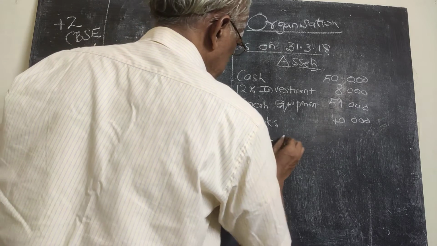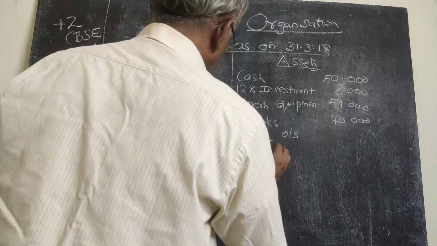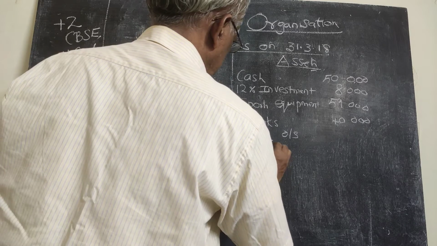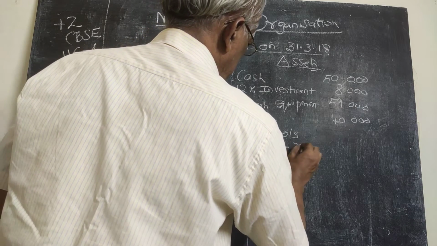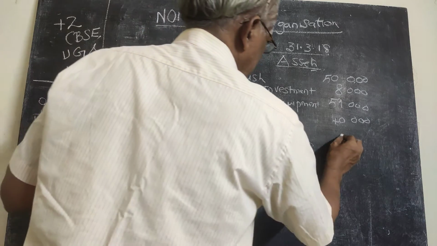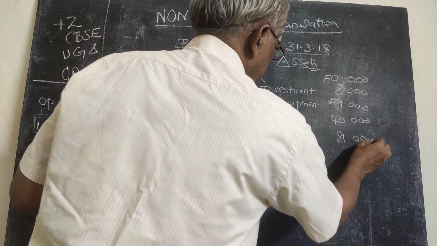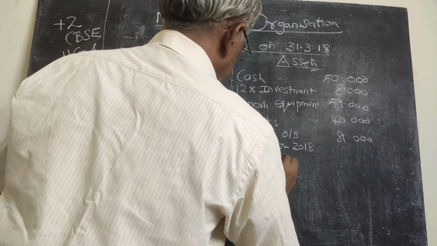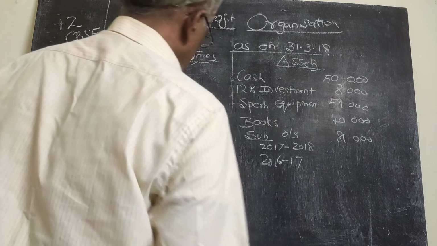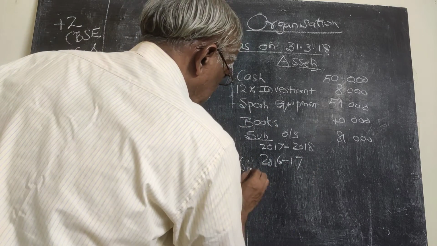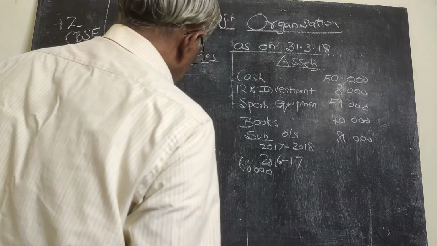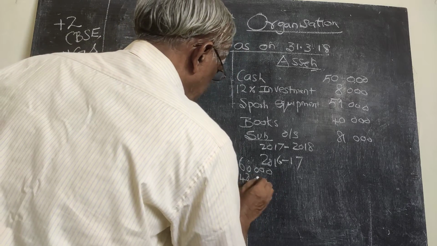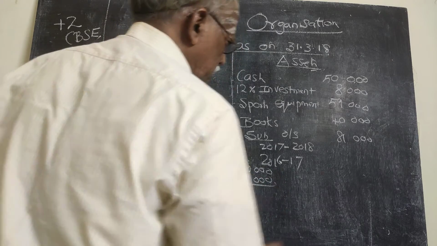Subscription outstanding for this year, I think 81,000 we have found out. And then 2016-17 total amount due was 60,000 from the additional information, whereas from the receipts and payments we find that only 40,000 is received.